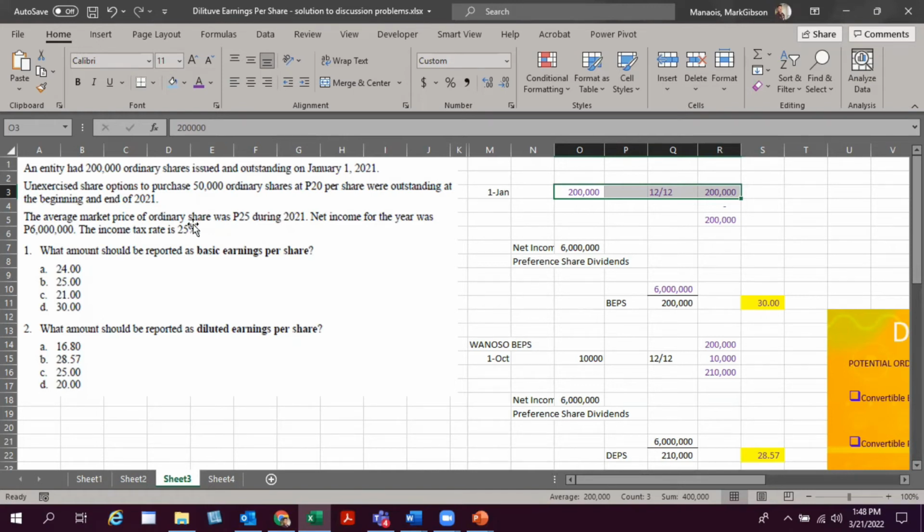In that case, we only need to compute the 200,000 ordinary shares. So 6 million over 200,000 is 30 pesos, or letter D. It's that simple. Now let's discuss the diluted earnings per share.